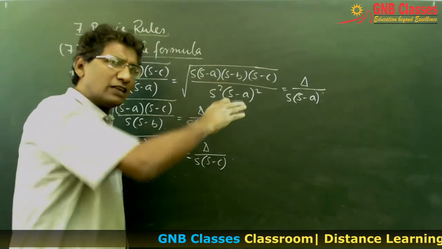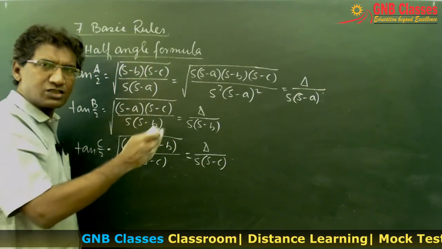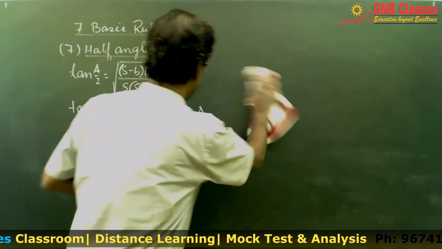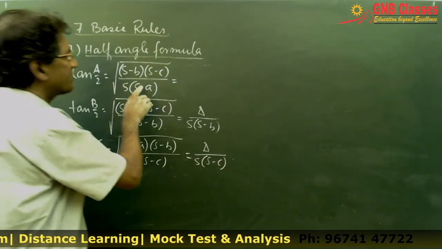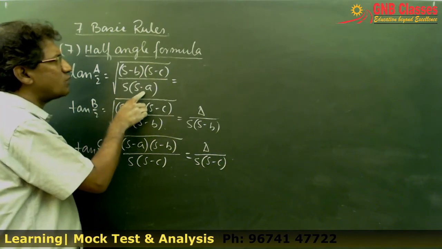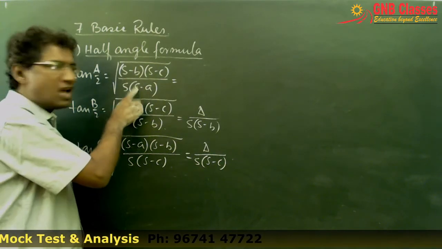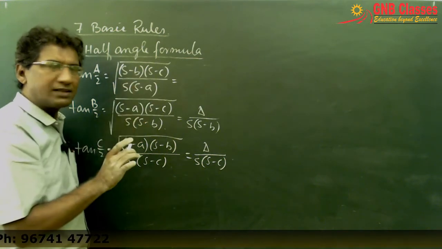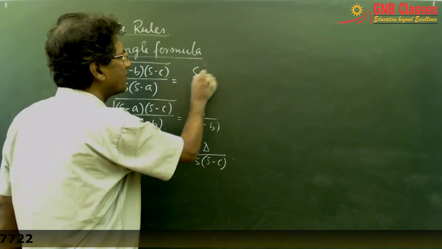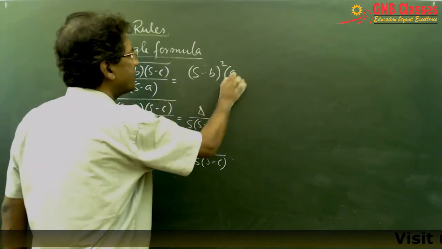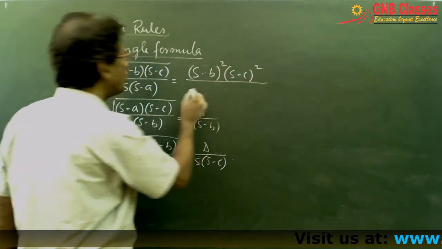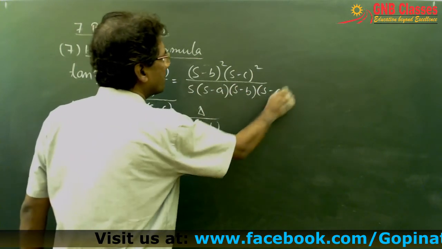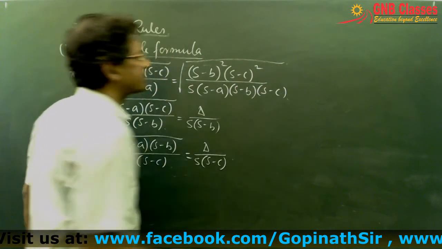Now we can modify in another way also. These are all modifications done inside your tan A by 2. In the previous one, I multiplied with S into S minus A in the numerator and denominator. Now, if you multiply S minus B into S minus C with numerator and denominator, in the numerator we are going to get S minus B whole square, S minus C whole square, and in the denominator we are going to get S into S minus A into S minus B into S minus C, within the under root sign.